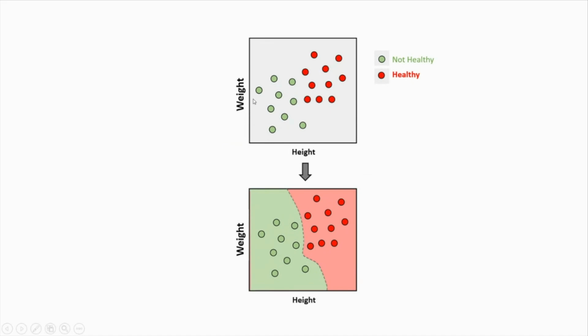For more understanding, now we have a weight and height example. I label people with high weight and high height as healthy. Then people with low weight and low height as not healthy. I give it to training, then the AI will classify for me. Okay, this is not healthy. Then next time, if you have somebody with this height and this weight, follow my mouse, it will classify as non-healthy.